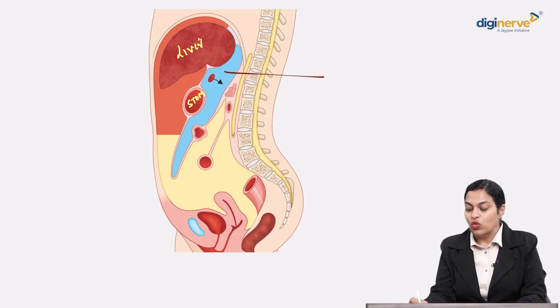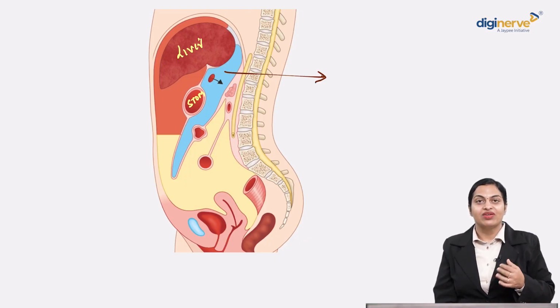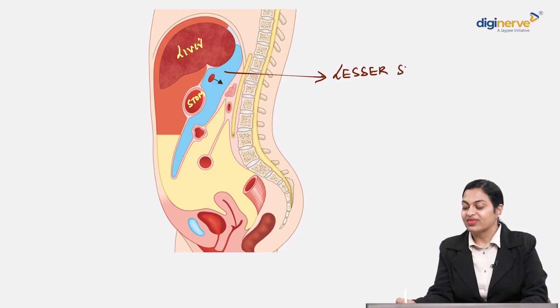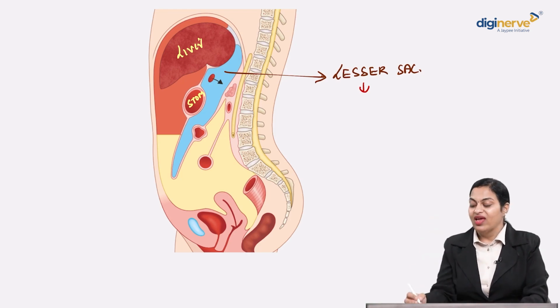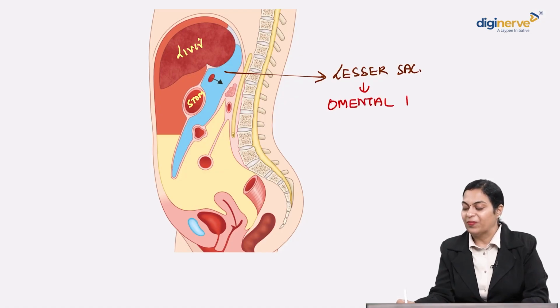This area shown in blue color, the part of the peritoneal cavity that lies behind the stomach and extends beyond the boundaries of the stomach, is called the lesser sac. The lesser sac allows expansion of the stomach as a bursa for it. Hence, it is also called the omental bursa.